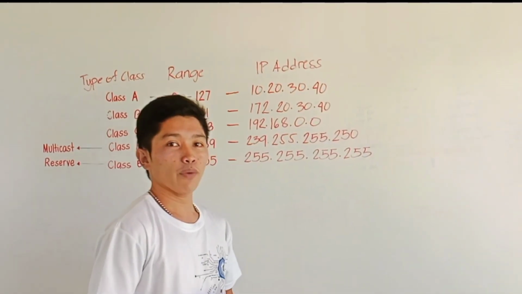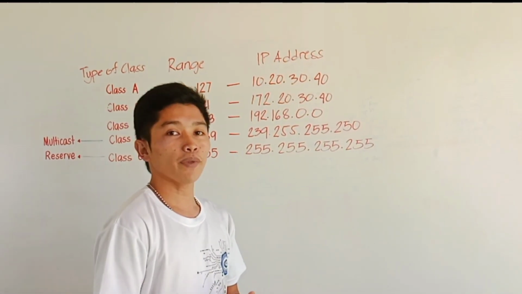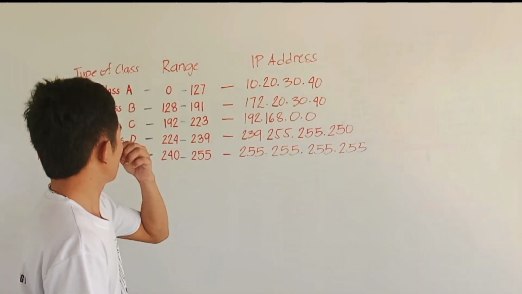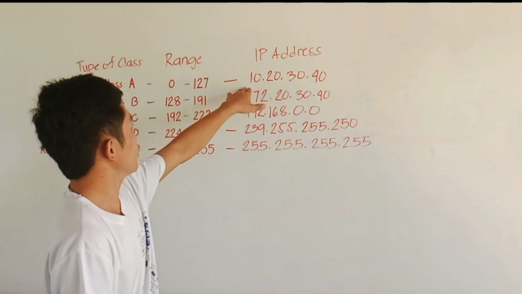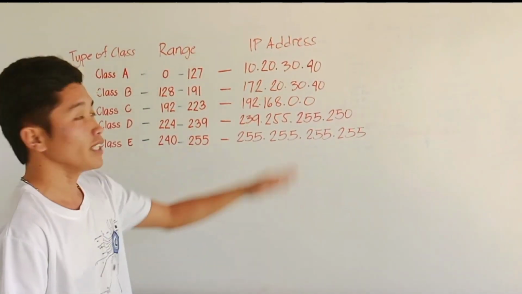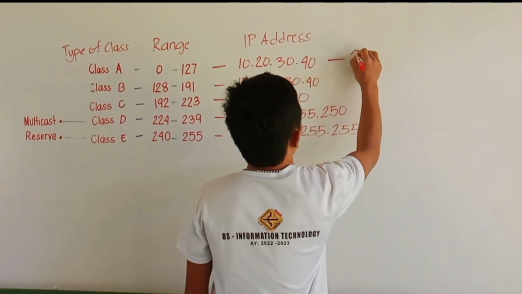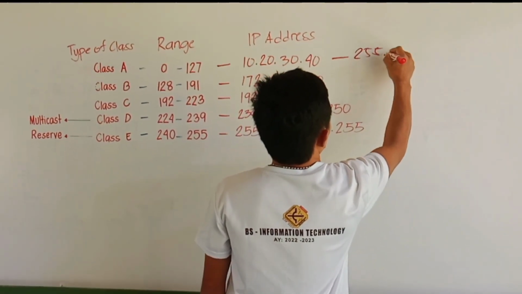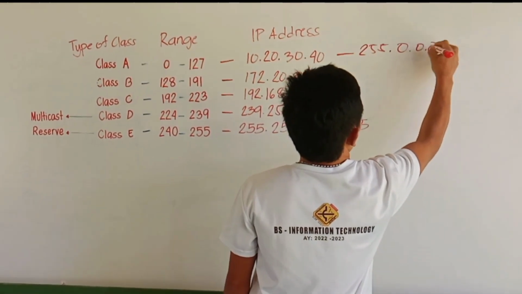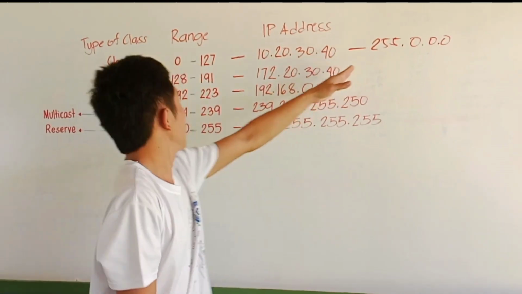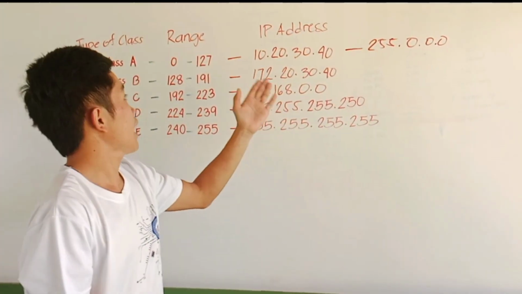And now I am going to show you the subnet mask of each IP address. First, the subnet mask for class A will start with 255. So this is the subnet mask for the class A IP address.